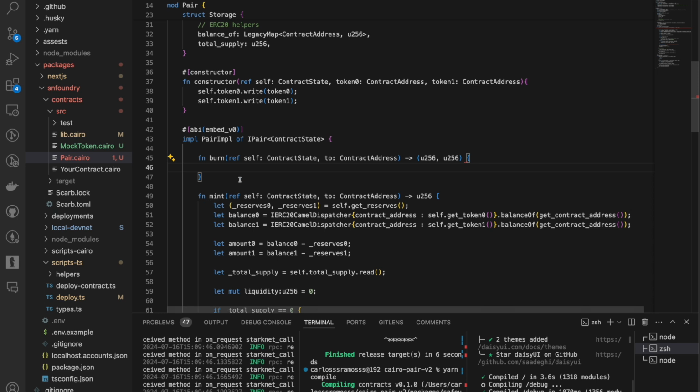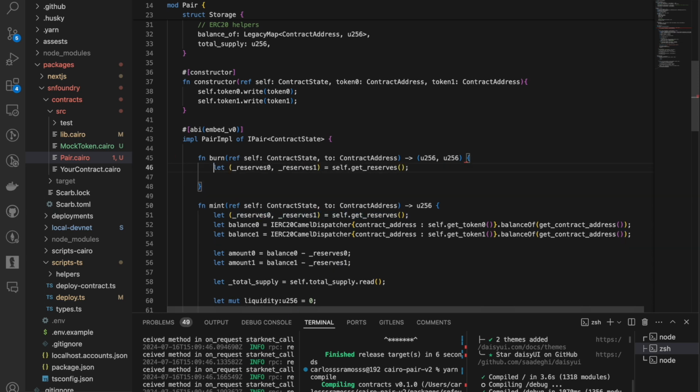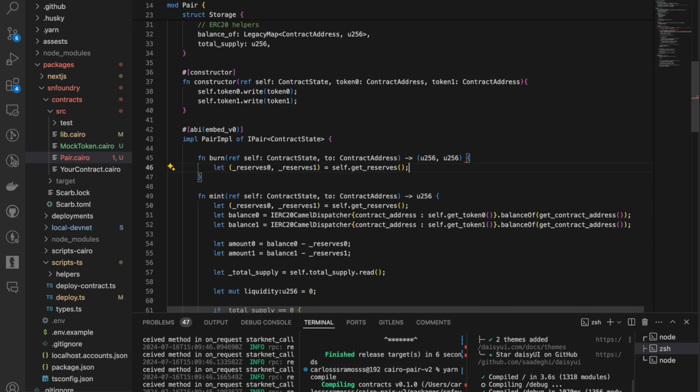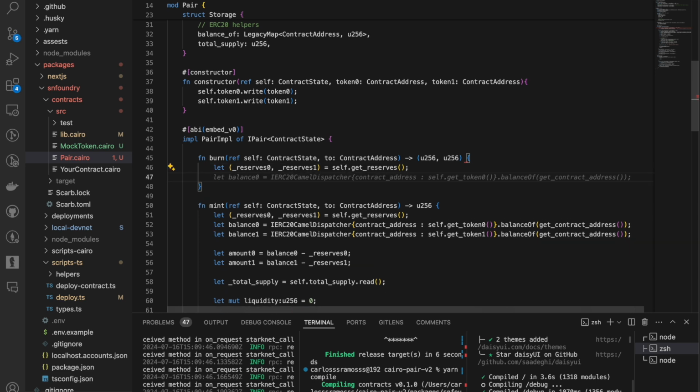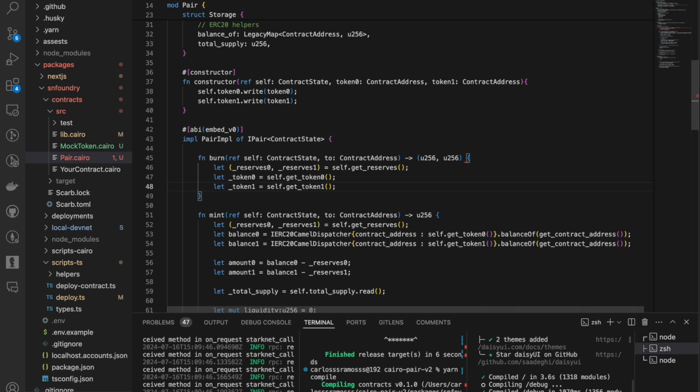Now, the first part is basically the same as the mint. We have to keep track of these reserves, right? So we need to get them from our helper function, get reserves. Next thing we will be doing is we need to track as well the tokens that we have in this pool, and we're going to be doing this by getting the tokens, get token 0 and get token 1, or we can just do token 0 read and then token 1 read.